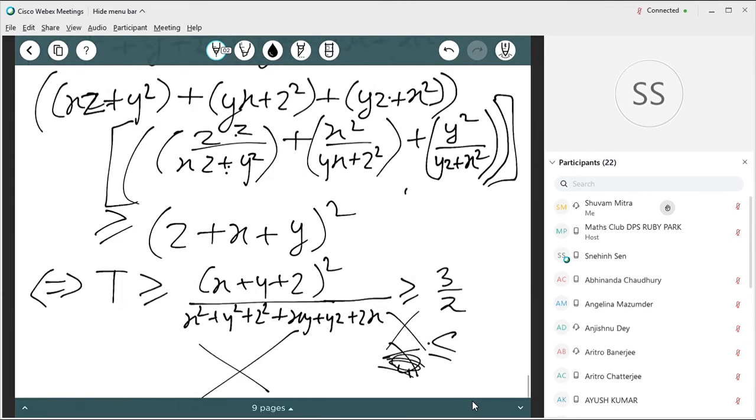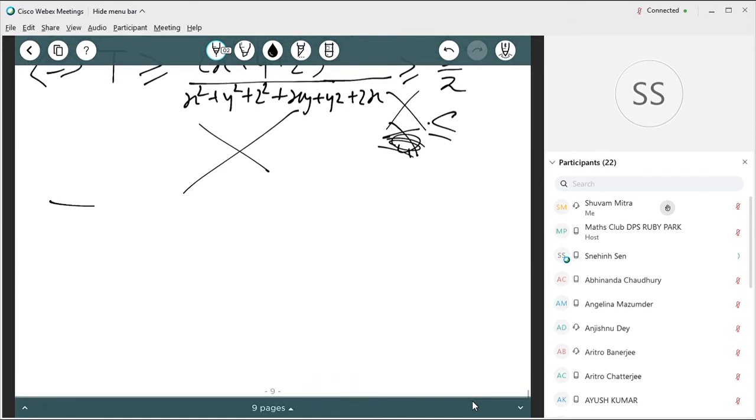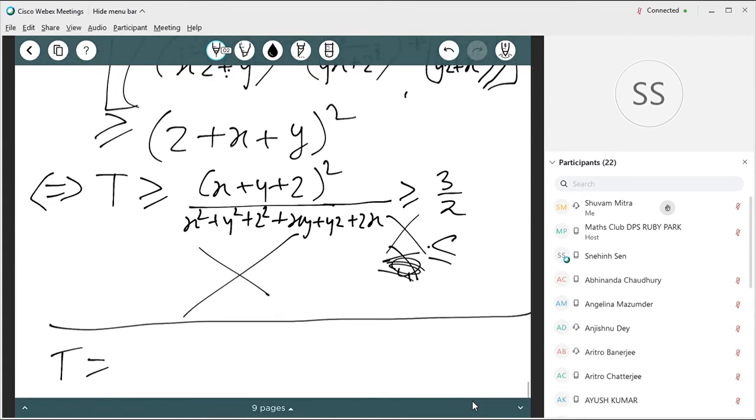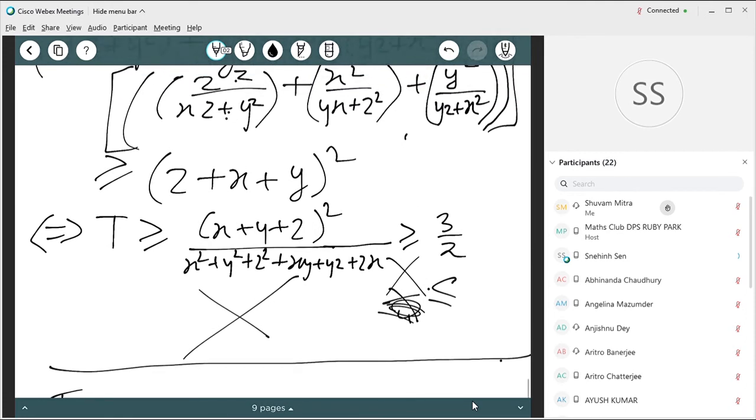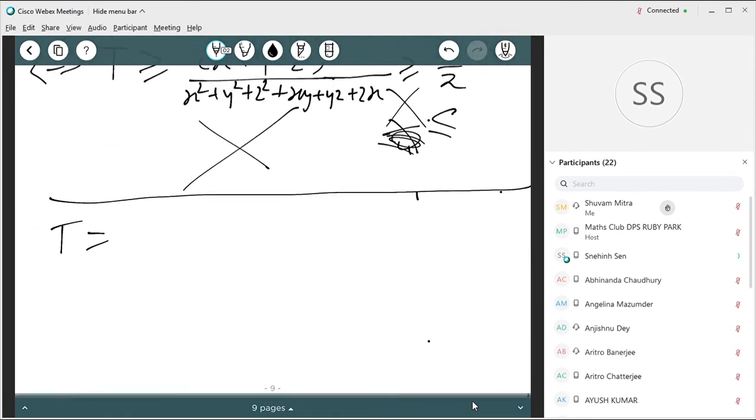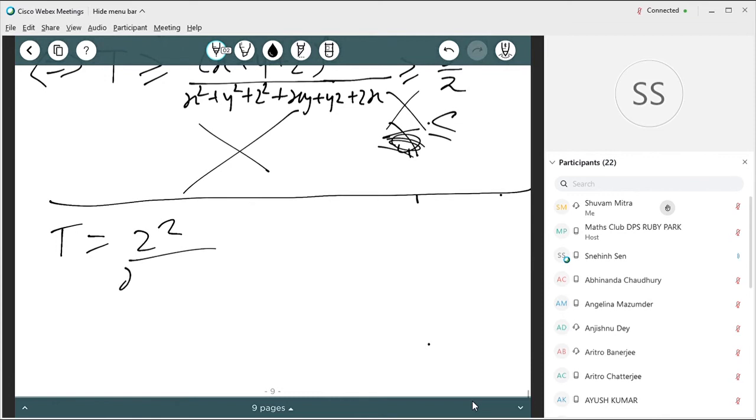Okay then. As we have limited time, I'll continue with the proof. So what do we have? T is equal to this quantity, which we have set as z square by xz plus y square plus y square by, this would be a z square, right?